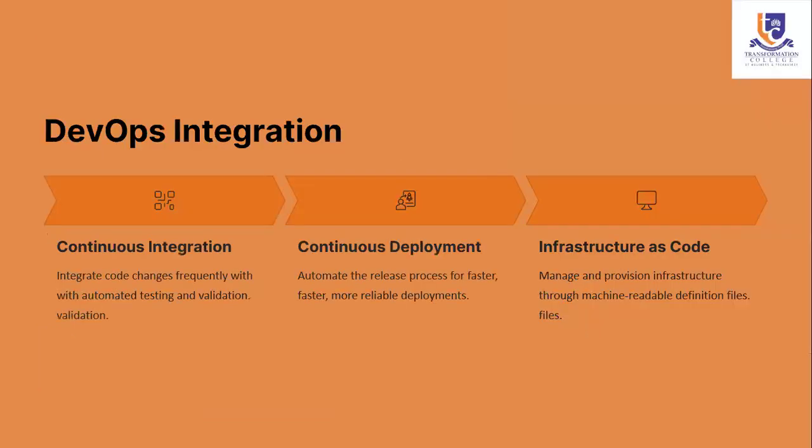So let's continue. Continuous integration: integrate code changes frequently with automated testing and validation. This is where I was talking about having a deployment environment and a testing environment. If you want to deploy an update, you don't just go to the live environment. You go to the testing environment first, with the same set of dependencies and the same server settings.